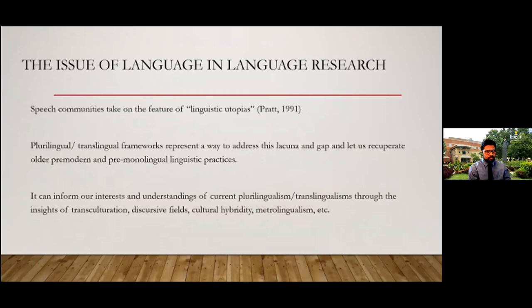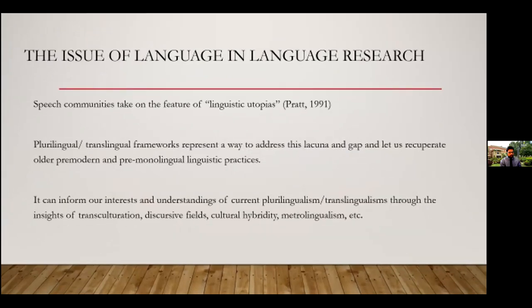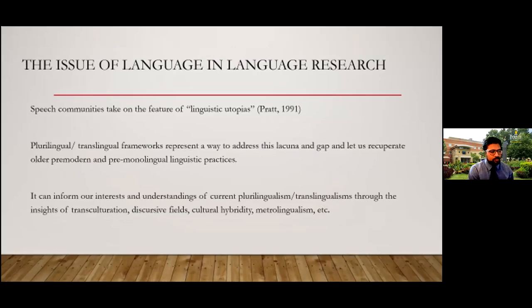It is abstract, theoretical, and in terms of the idealized view of a formal system, seen in the form of the language tree of Chomsky's analysis. As Pratt, in the article that some of you have read, talks about, she calls it linguistic utopias. That is, an unimagined non-space where language is taking place.